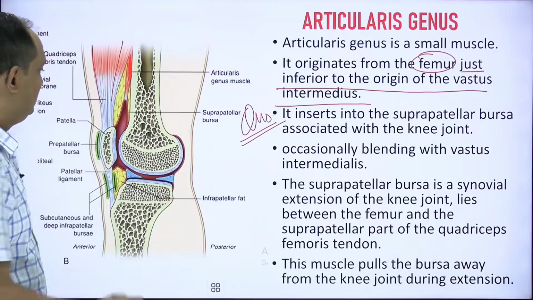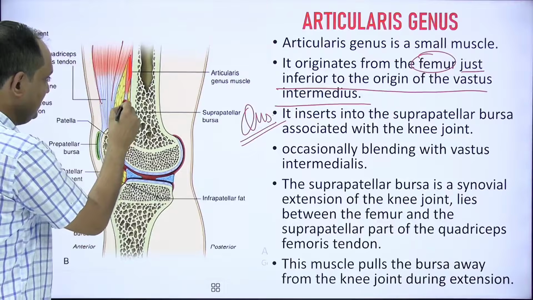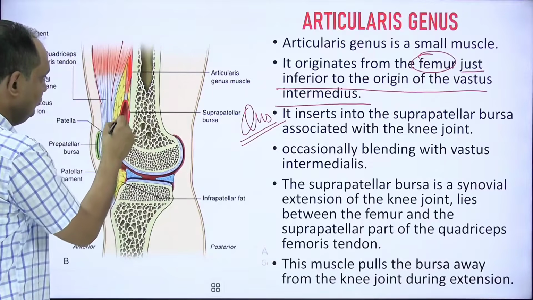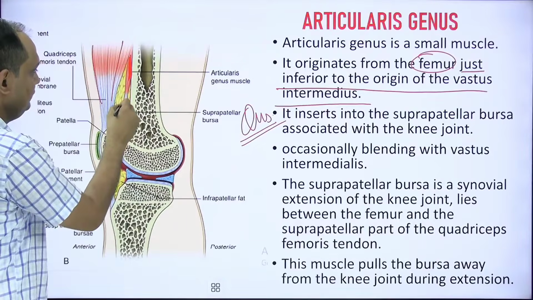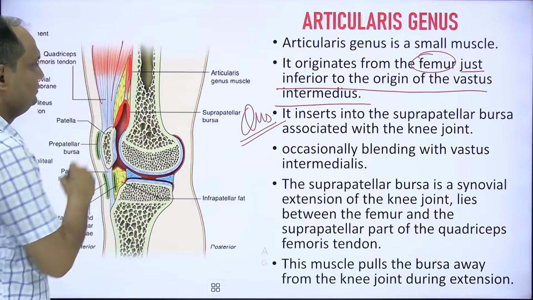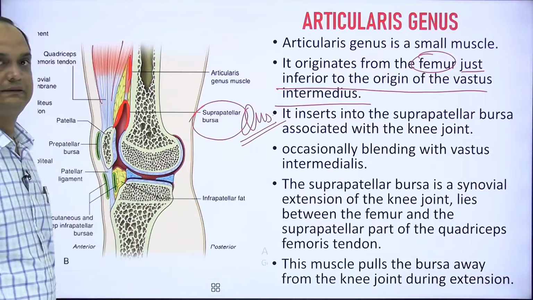Now this is a very important question for your exam: what is the insertion of Articularis genu? Now you can see that there is an expansion of the synovial membrane of the knee joint. This expansion of the synovial membrane of the knee joint is known as the suprapatellar bursa.